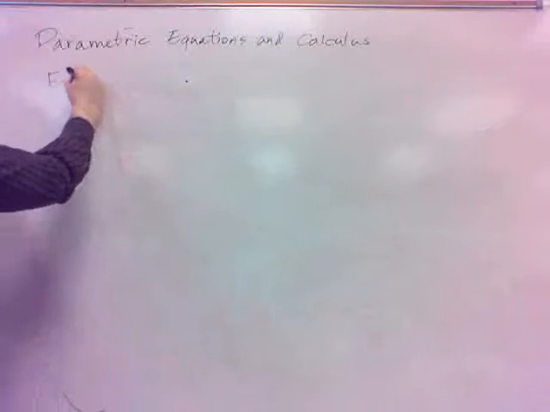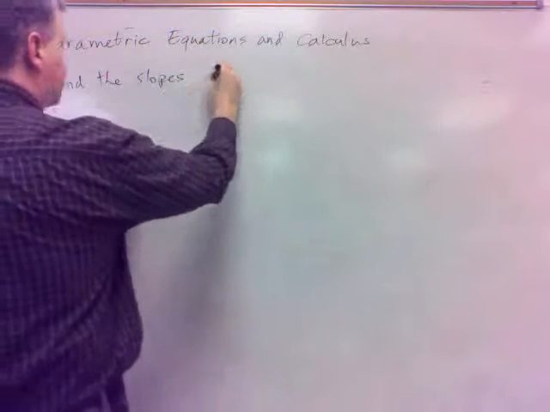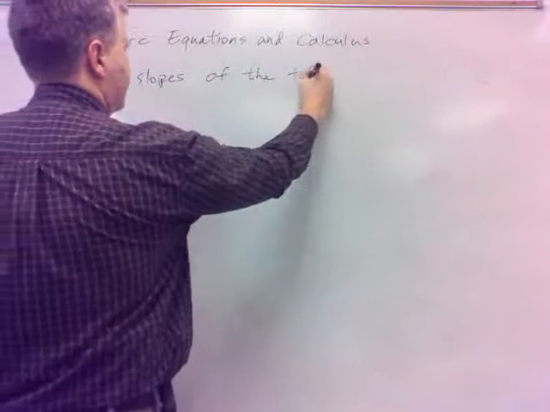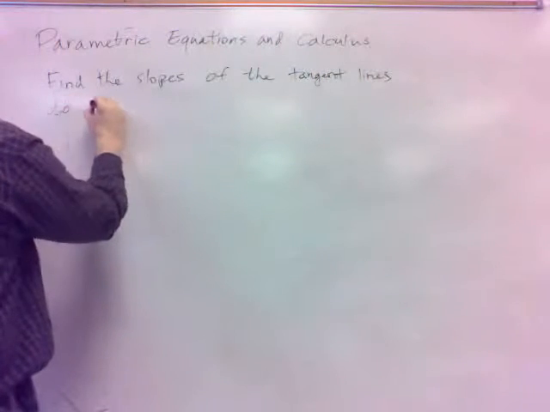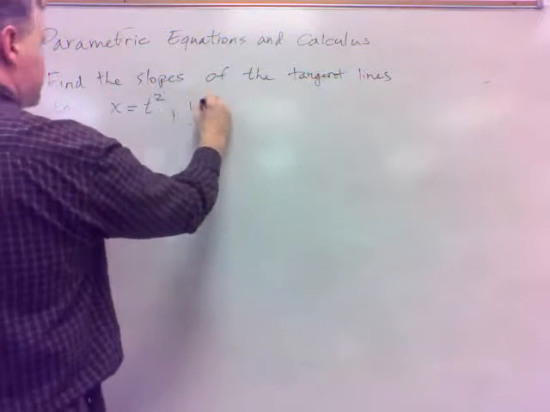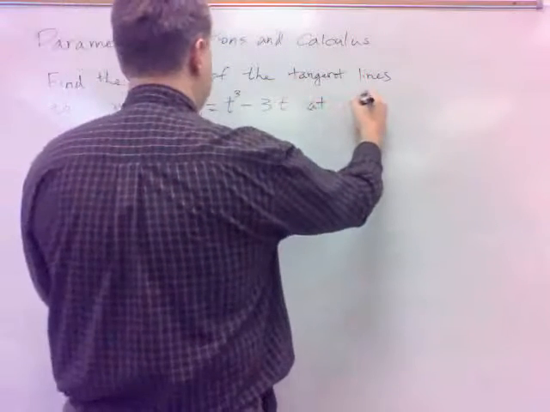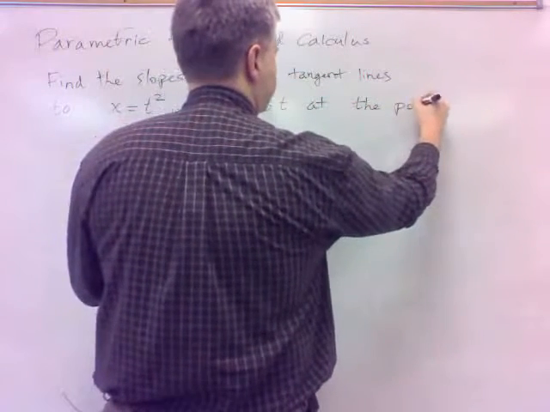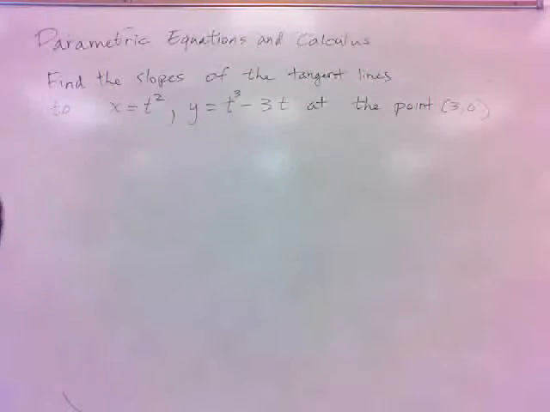All right, so find the slopes of, maybe more than one, the slopes of the tangent lines to the curve x equals t squared, y equals t cubed minus 3t at the point (3, 0). Find the slopes of the tangent lines to x equals t squared, y equals t cubed minus 3t at the point (3, 0).